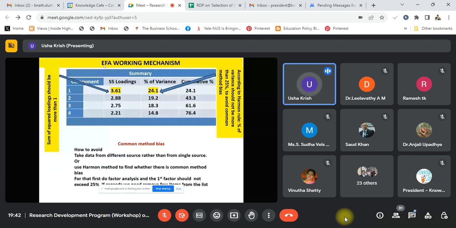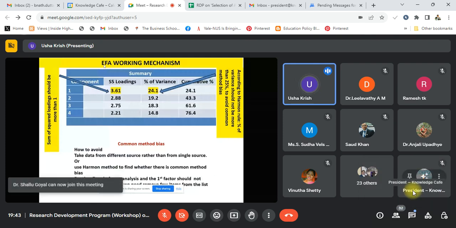So how to avoid such problem? We have two options. One is take feedback from different persons, or do factor analysis, and if percentage of variance of the first factor exceeds 25%, then what you do? Remove the weak items from the list.